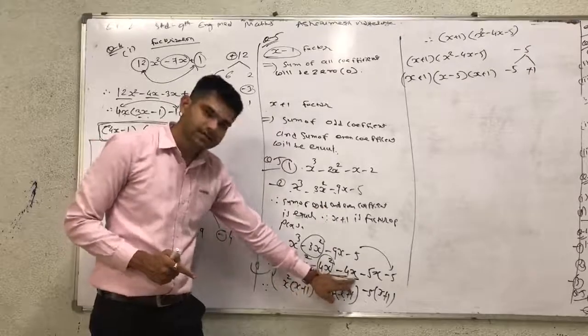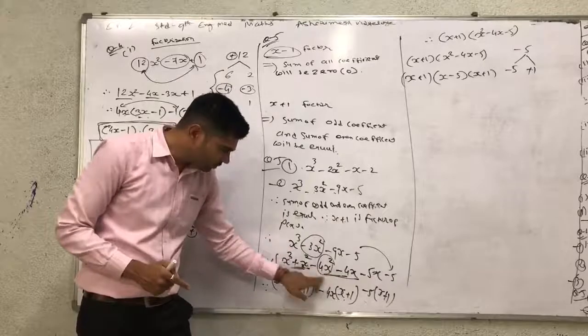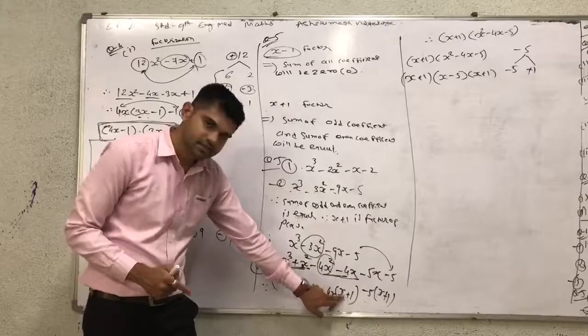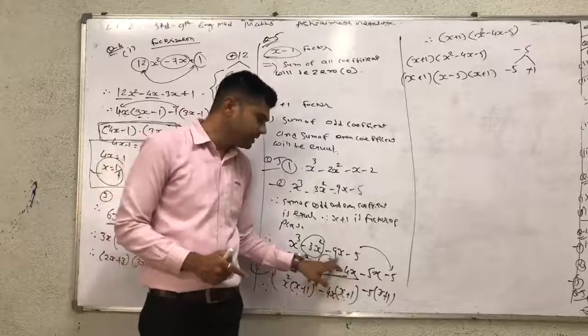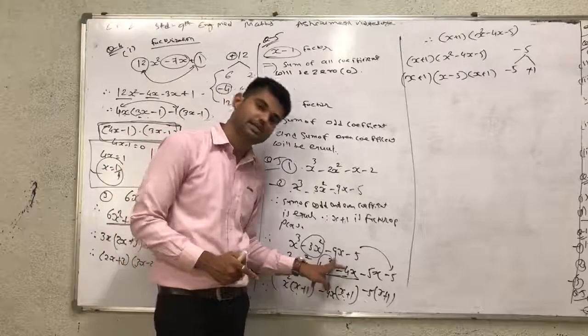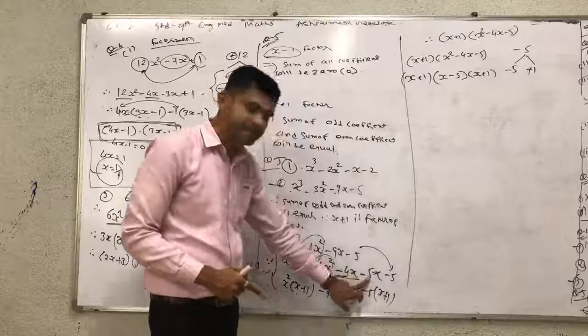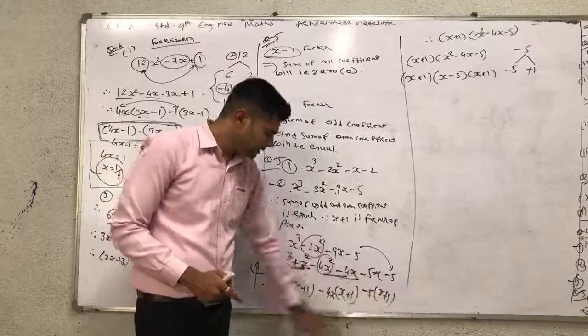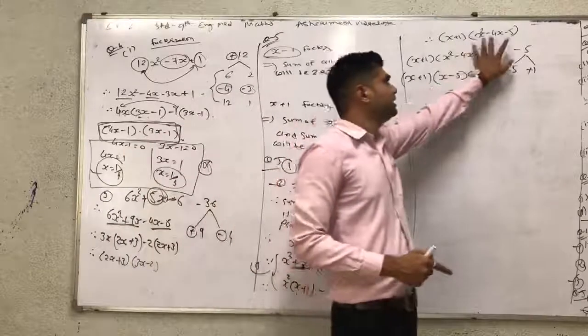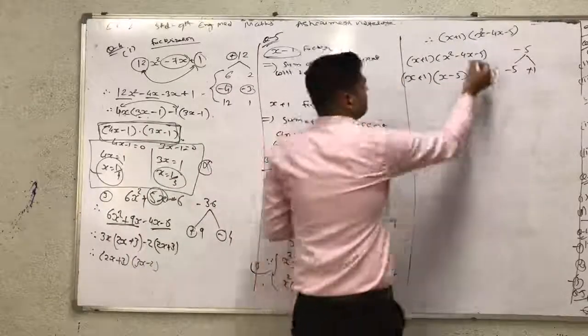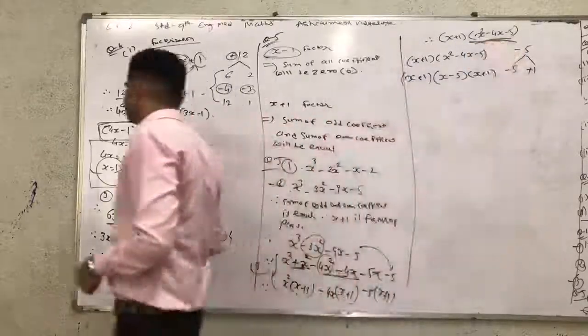Then minus 4x. So in minus 4x square we have to take x common, so the remaining part is minus 4x. Now here again is minus 9, so minus 5 is here. Similarly, once again common, and then this term is solved.